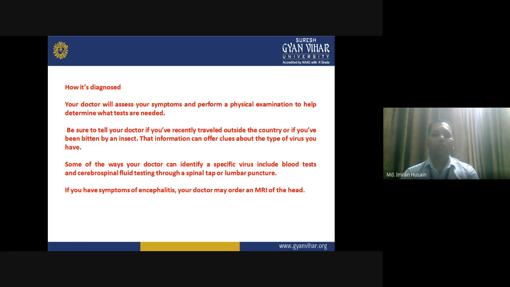Some of the ways your doctor can identify a specific virus include blood tests and cerebrospinal fluid testing through a spinal tap or lumbar puncture. If you have symptoms of encephalitis, your doctor may order MRI of the head.